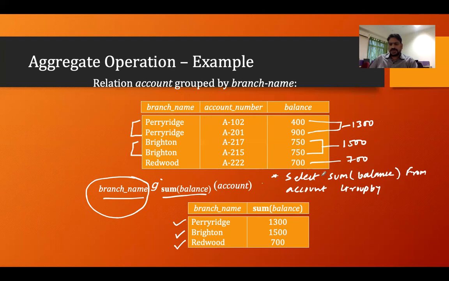So I have to put the branch name here also. So the query will be select branch name, comma, sum balance from account group by branch name. Okay. So there will be two columns, branch name is one column and sum balance is another column, right?